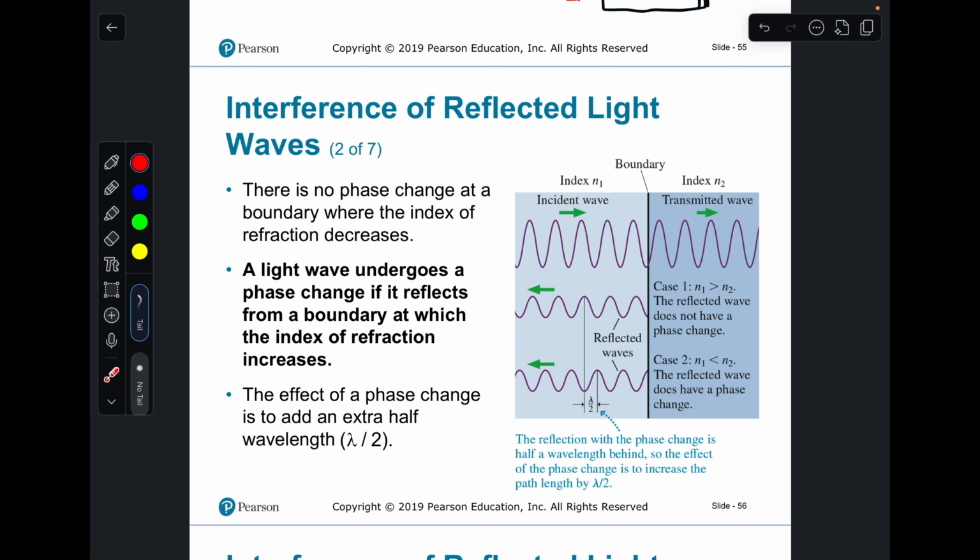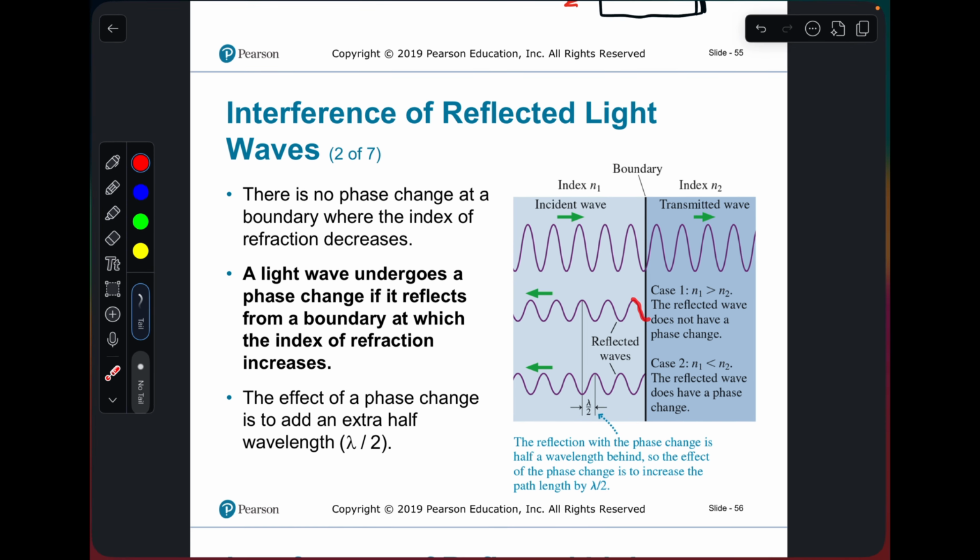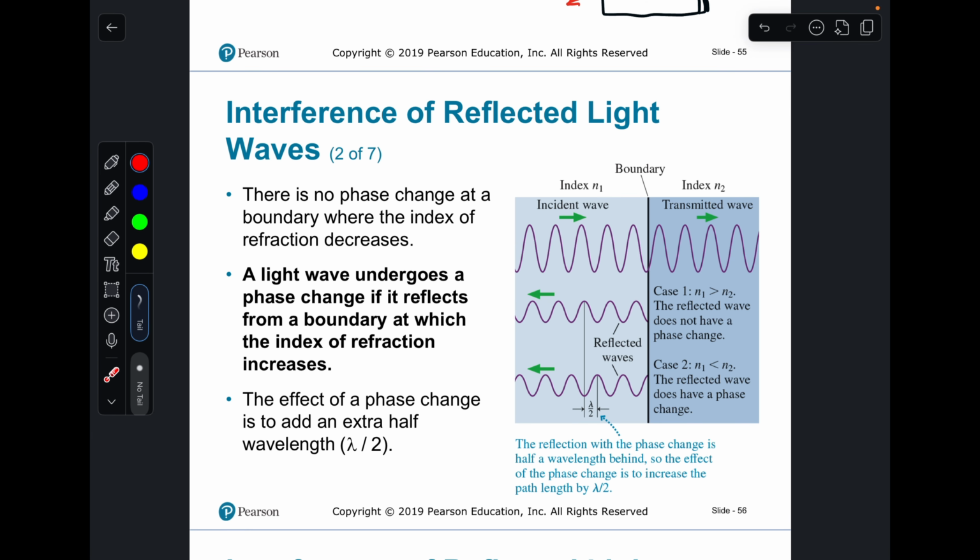What about the opposite case? What if n2 is greater than n1? Then your wave, upon reflection, experiences a phase change. So you can see it starts off at a min and goes to a max here in case 1. In case 2, when index 2 is larger, you have starting off at a max and going to a min.